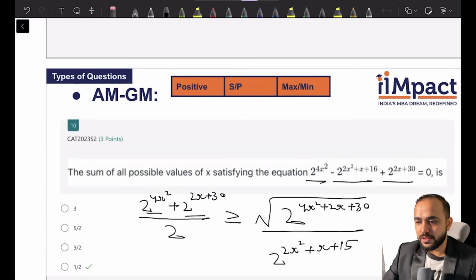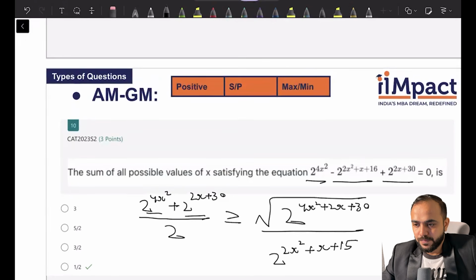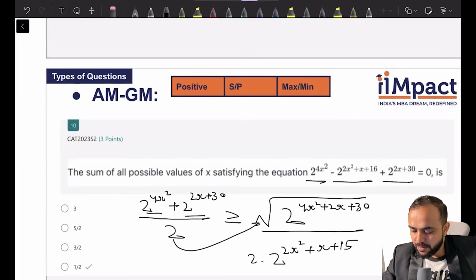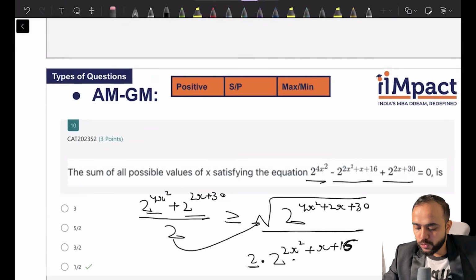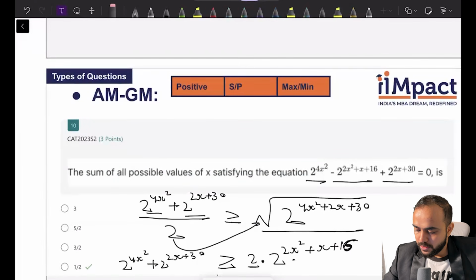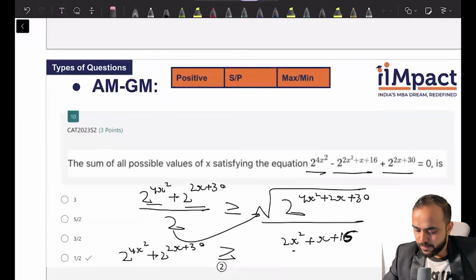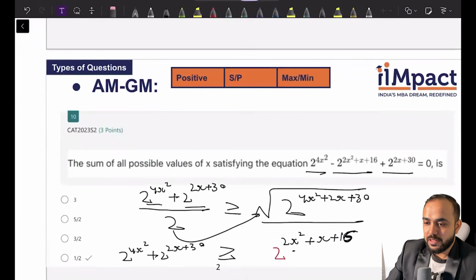This is the square root of this. And if I take this 2 to the other side, I will multiply this 2 with this. So basically increase this 15 to 16. So basically what I'm getting is 2 to the power 4x square plus 2 to the power 2x plus 30 is greater than or equal to 2 to the power 2x square plus x plus 16.